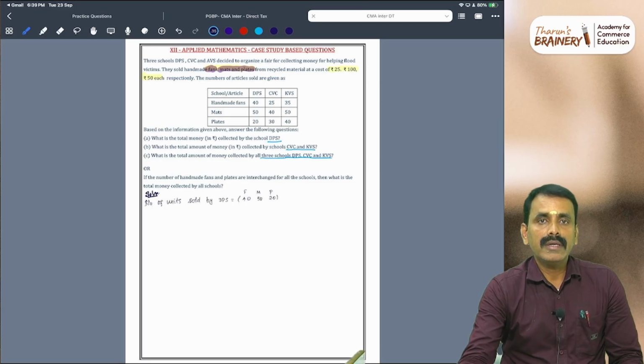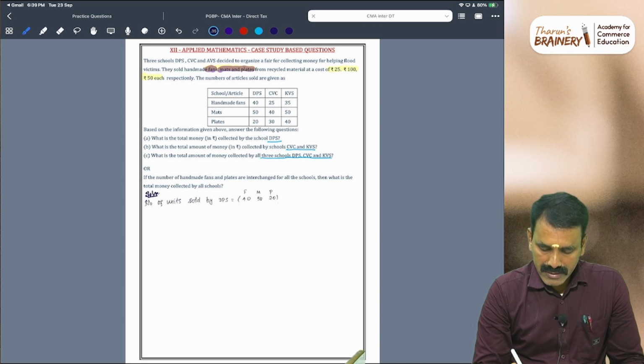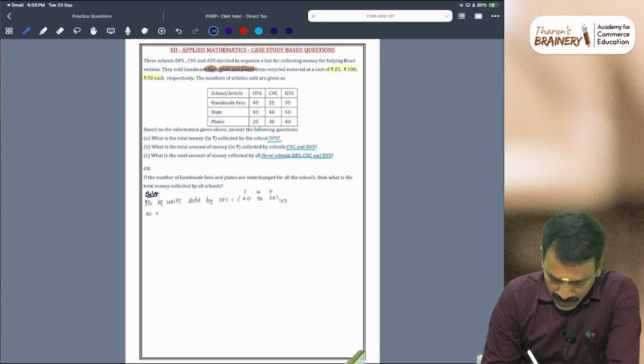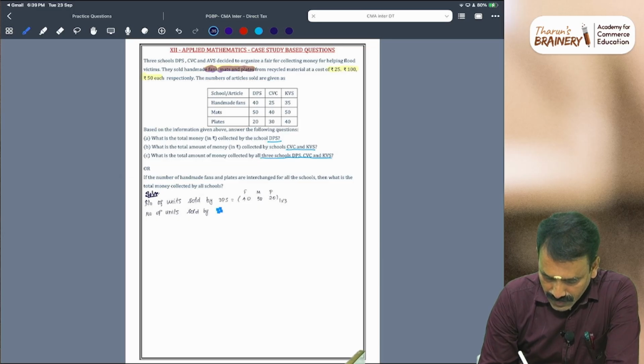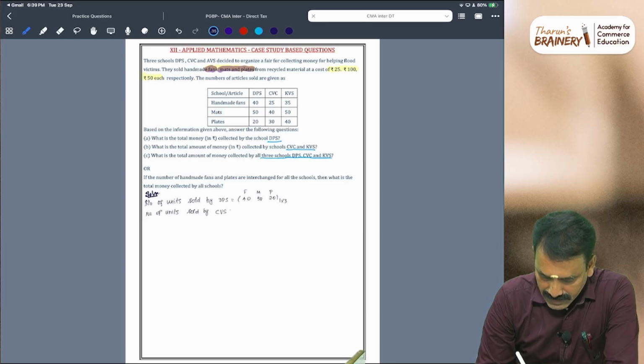So I have written the handmade products, the different categories, that is fan, mat and plates, in horizontal way, in row ways. So it is going to contain 1 row and 3 columns. Is it clear? And same way, number of units sold by the second school, CVC.